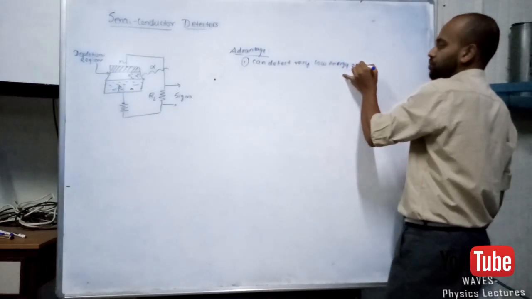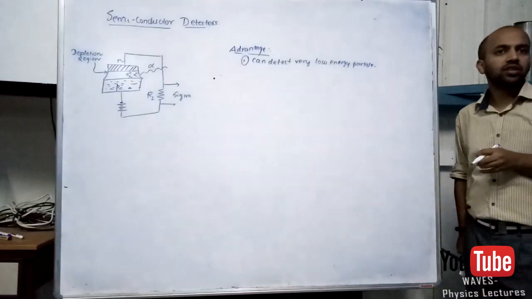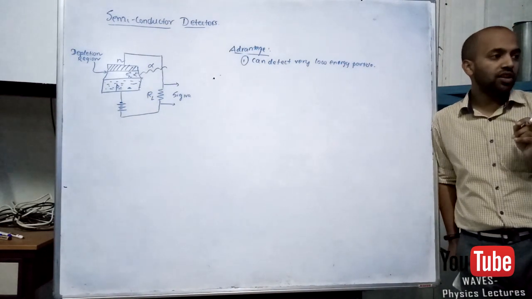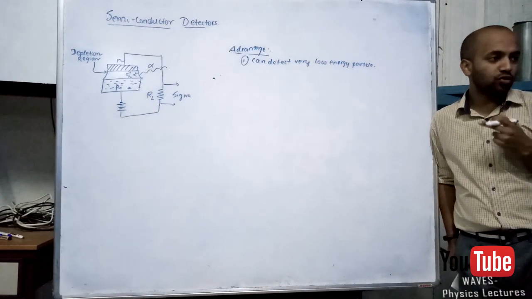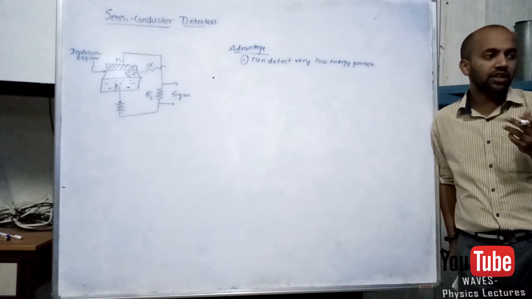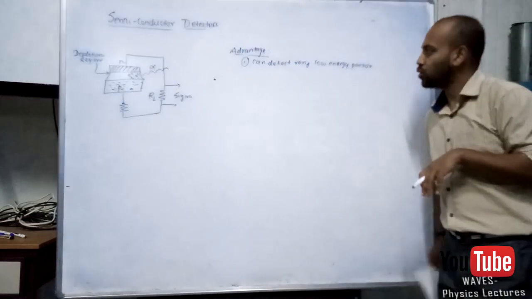Even if the alpha particle or the beta particle has a very low energy, the amount of signal that it generates is 10 times more. So we can even detect beta particles more easily.